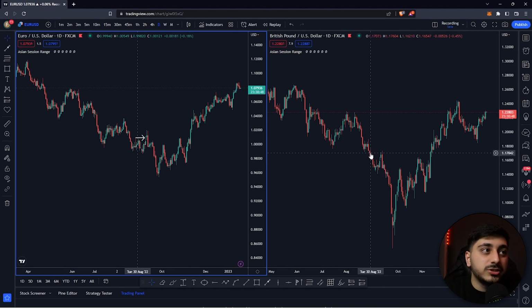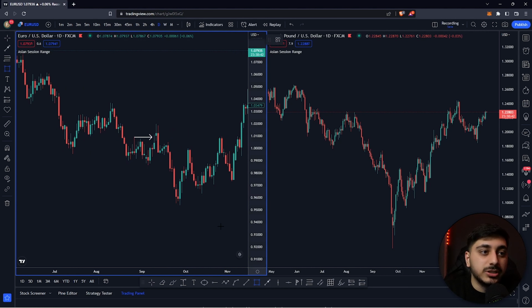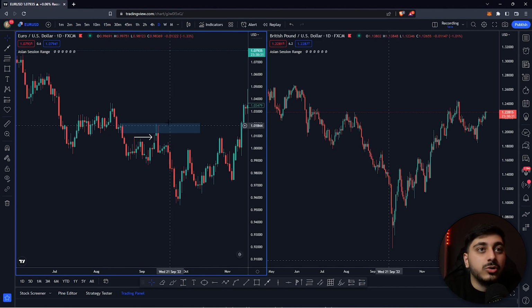So if we're looking for sells on GBP USD and we have a potential sell opportunity on Euro USD, which is given by this area here, so looking for price to tap into this area, then we can see this looks primed for some sort of sell as well. And so the sell was the trade we should take, and the buy is the trade we shouldn't be looking to take.